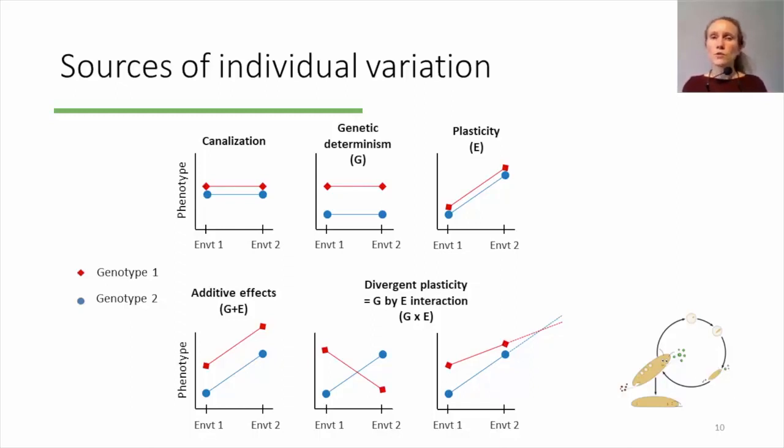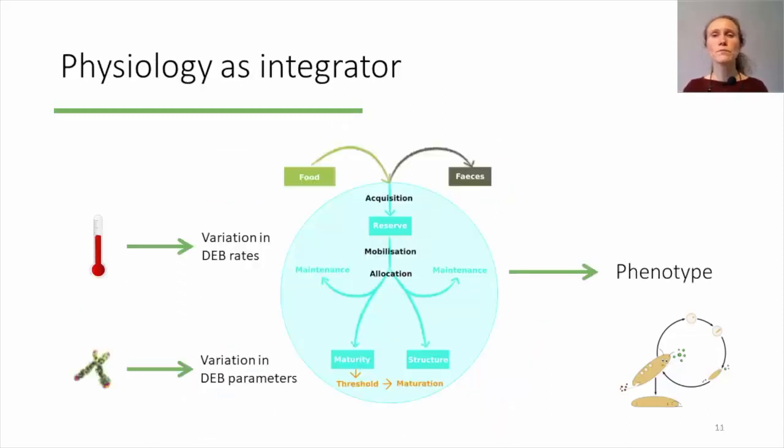But to go from this mathematical representation to the actual biology, we need something that will actually produce a phenotype based on these different influences, and that's physiology. And here I represented that through a DEB model. So the DEB model is one theoretical representation of physiology, basically.